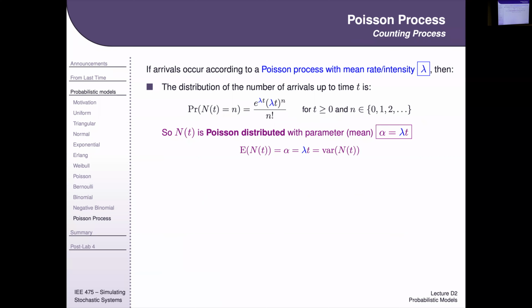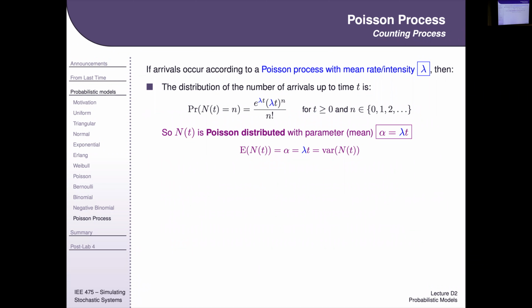Okay. All right, so how does the Poisson process relate to all of the random variables that we've talked about so far? Well, I can give you a Poisson process with a rate or intensity lambda. So I'd say I've got a Poisson process with rate 5 people per second or 5 people per minute.